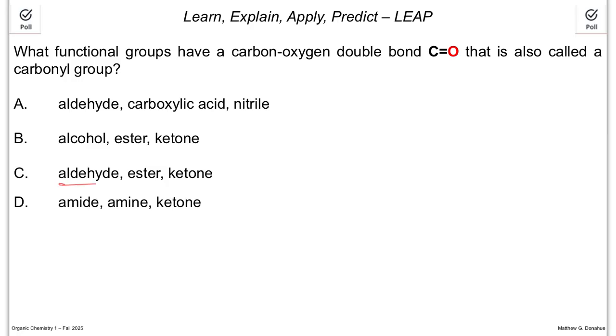C. A is out, a nitrile is a triple bond. B is out, that's OH. And then D is out because amine is NH.